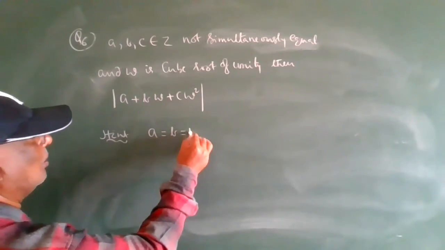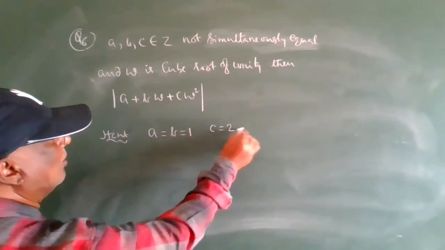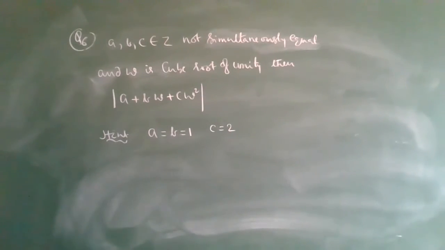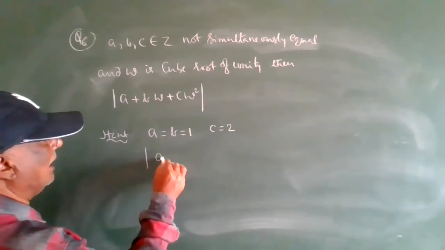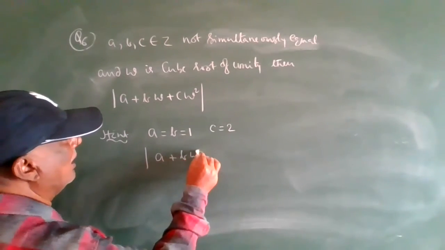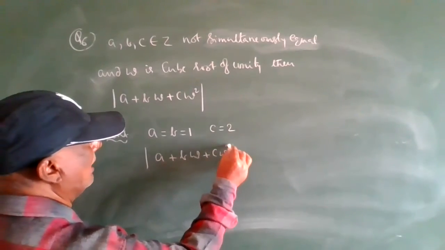I will take A, B equal to 1 and C equal to 2. Write down A plus B omega plus C omega square.